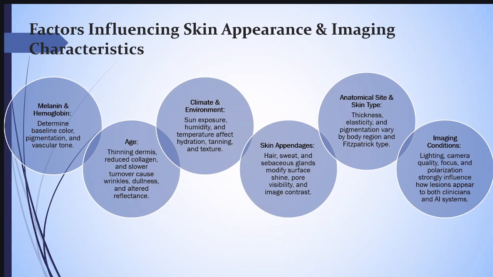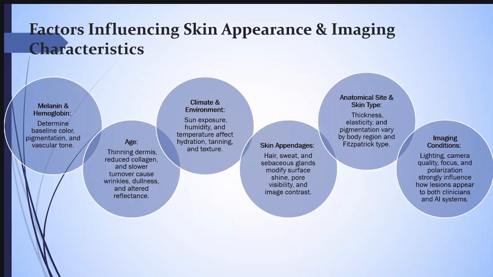Then comes your age. From a baby to a person in their 80s, the skin is not the same. As you age, the dermis, that is the middle portion, thins down, the collagen reduces, and you know why so many people are promoting collagen for anti-aging. There will be a slower turnover of cells, which is going to cause wrinkles, dullness, and altered reflectance.